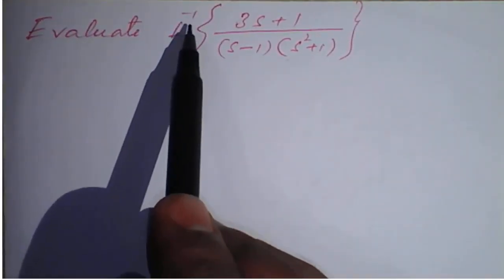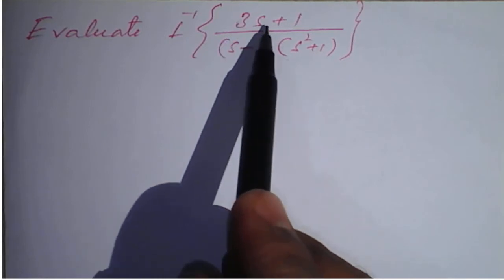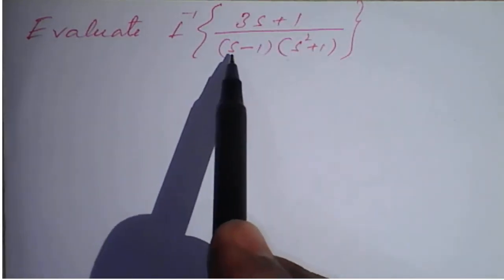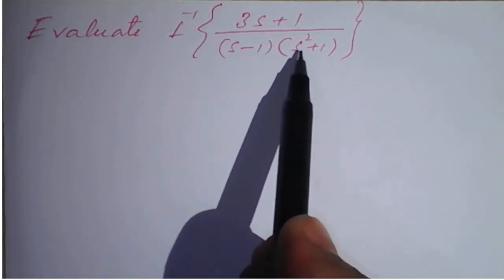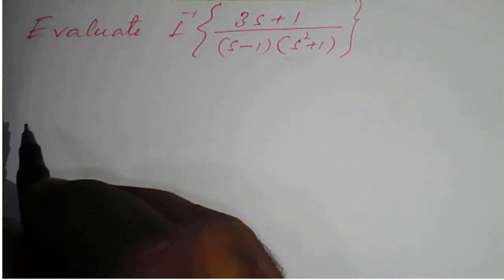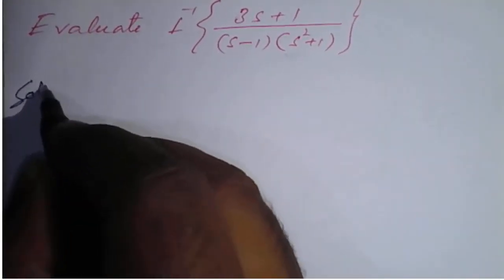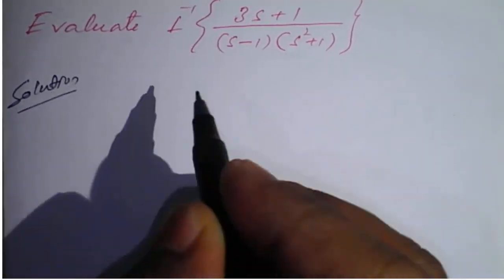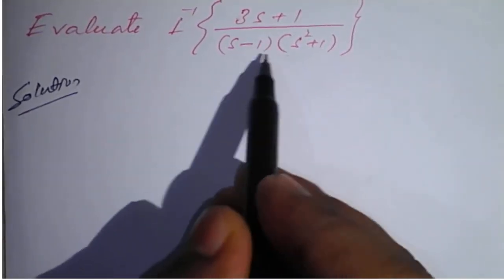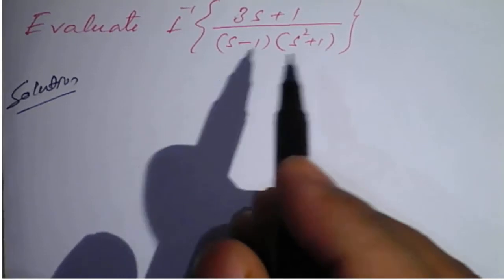Evaluate the inverse Laplace of (3s plus 1) divided by (s minus 1)(s square plus 1). Solution. For the given question, we need to first apply the partial fraction.